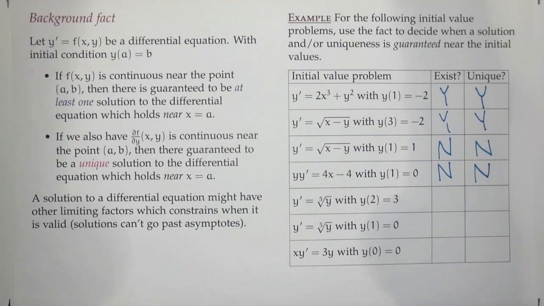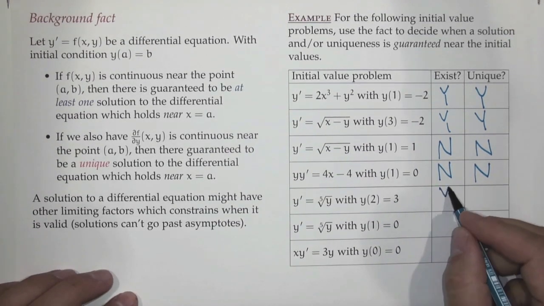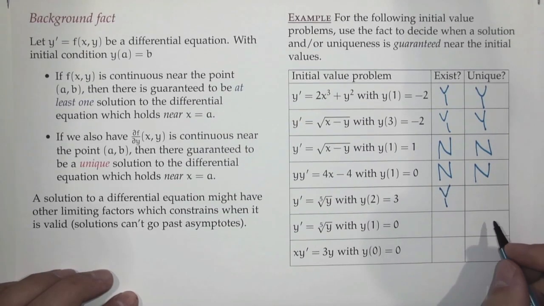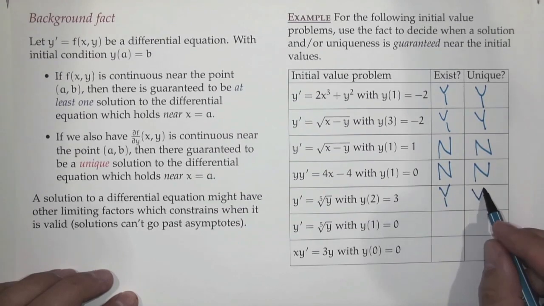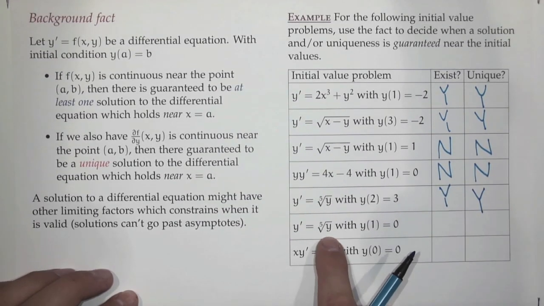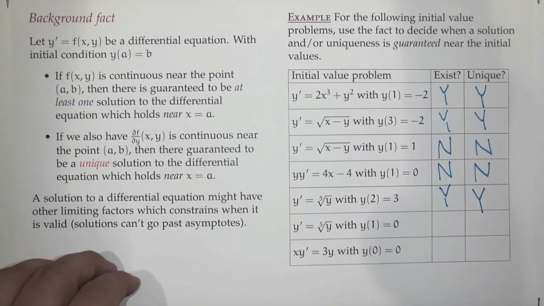True that. y prime equals the fifth root of y, y of 2 equals 3. Are we good to go with the fifth root of a function? Yeah, it's pretty good. How about the derivatives? How's that looking? Yeah, life is good. How about the fifth root of y, y of 1 equals 0?